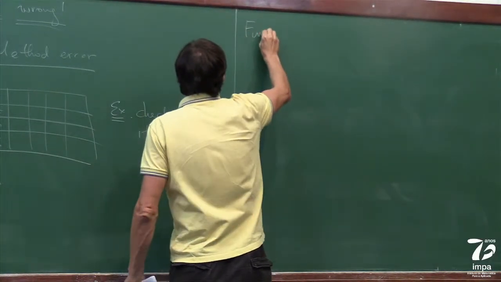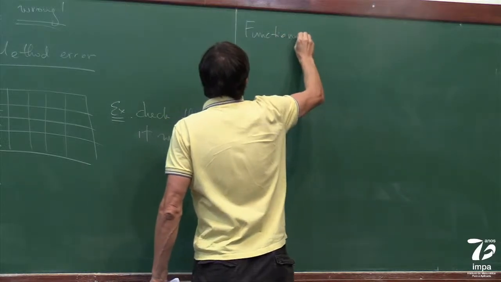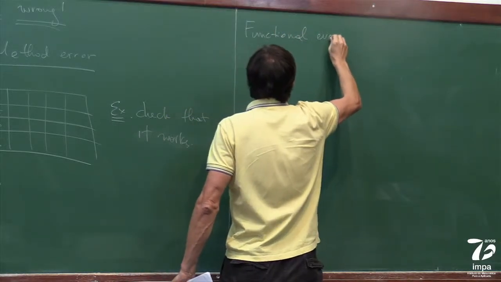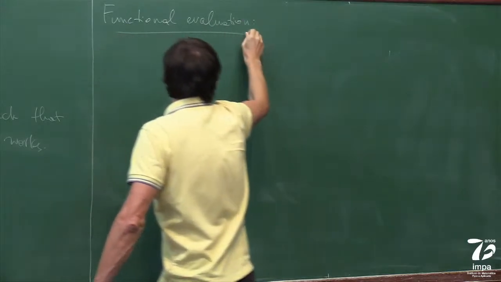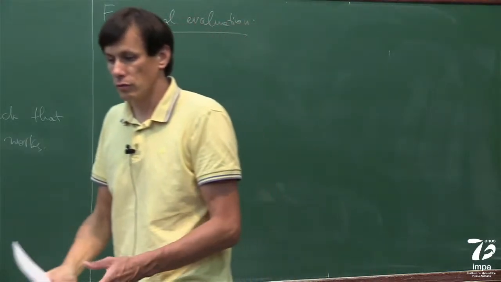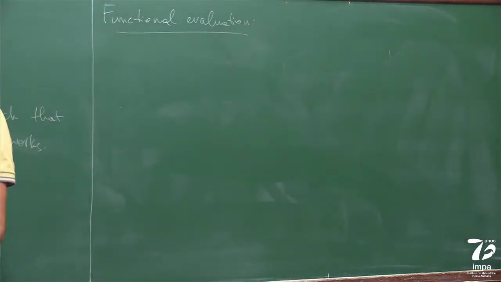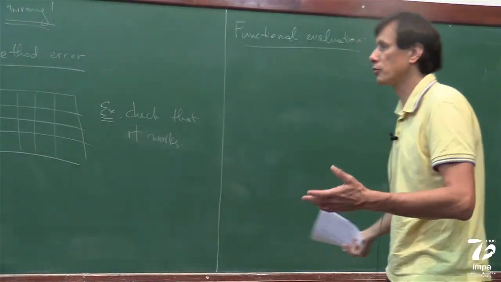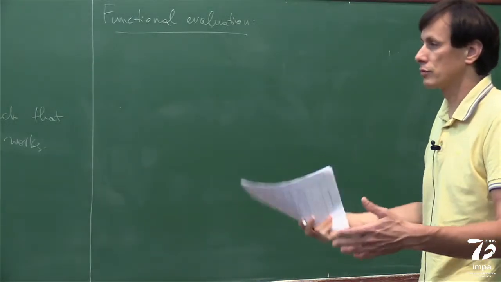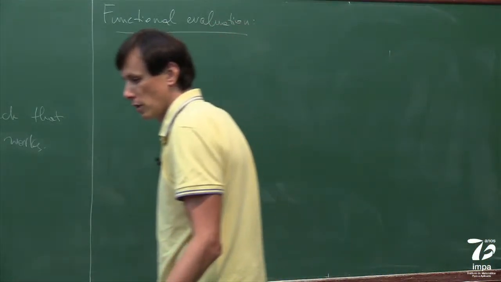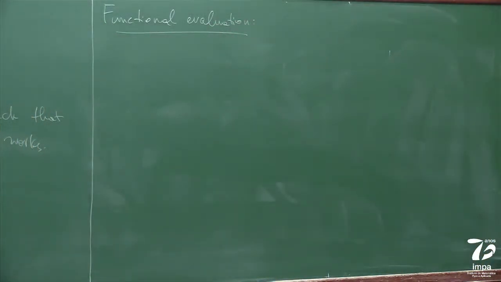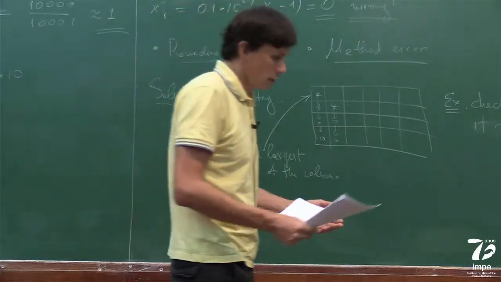The functional evaluation. Whatever method you use, you have some input data and you want to compute the result. So essentially, you compute functions. With essentially any algorithm, you compute some result of some function of some input variables.